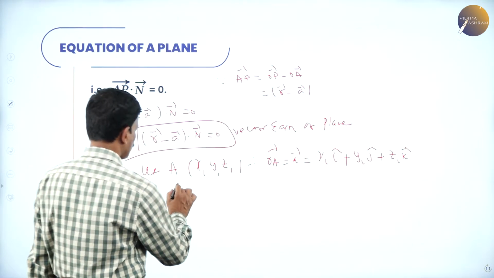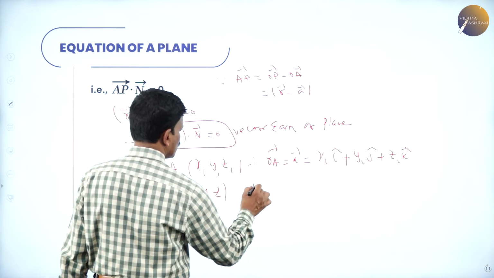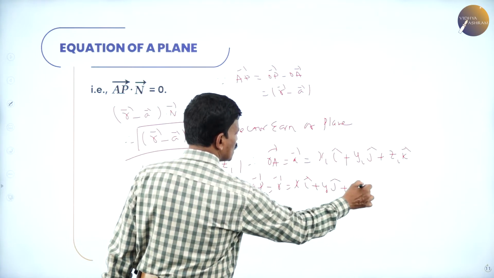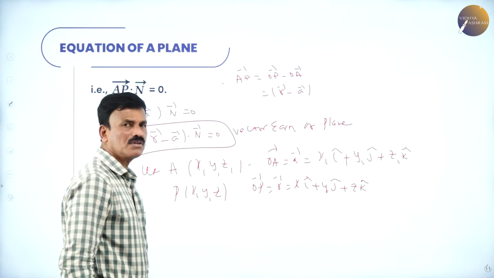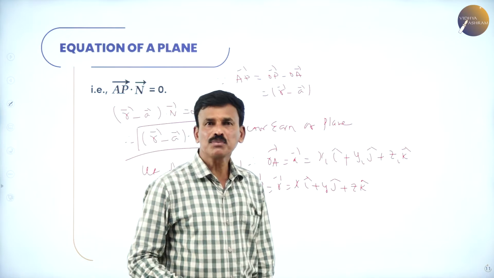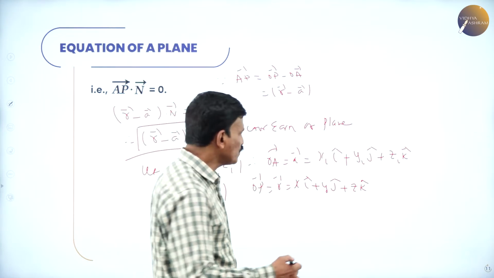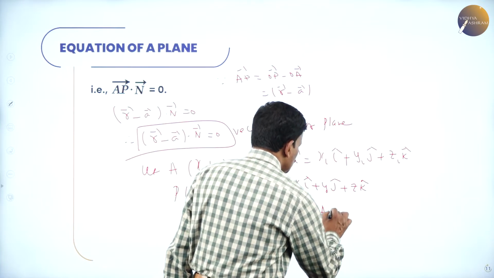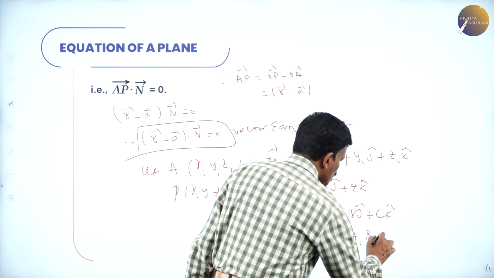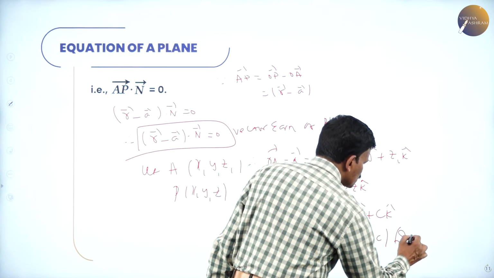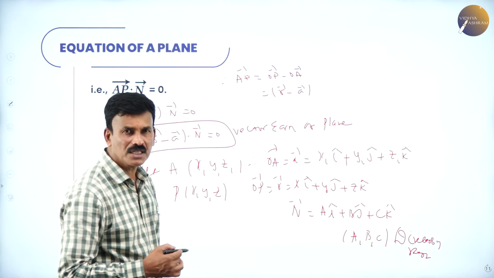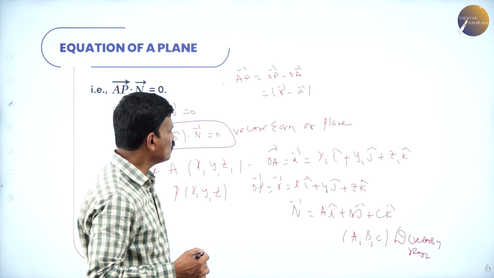And the position vector of the point P(x, y, z), vector OP, which is vector r, is equal to x i plus y j plus z k. Suppose a, b, c are the direction ratios of n, then vector n is equal to a i plus b j plus c k.